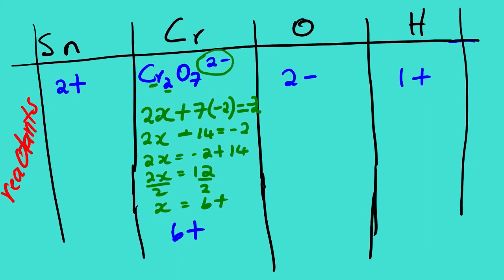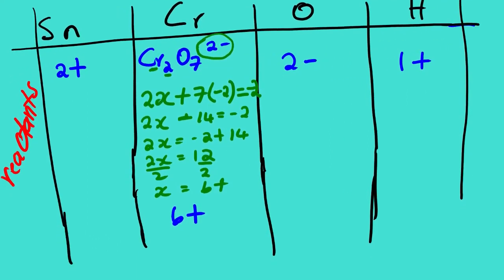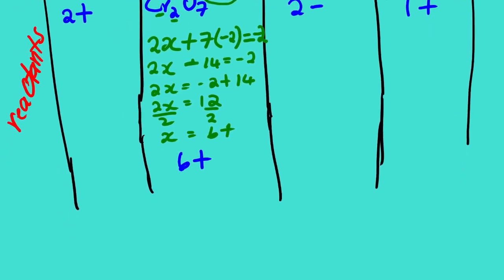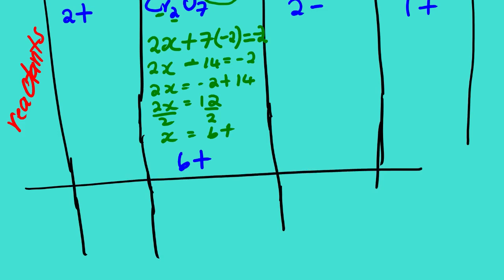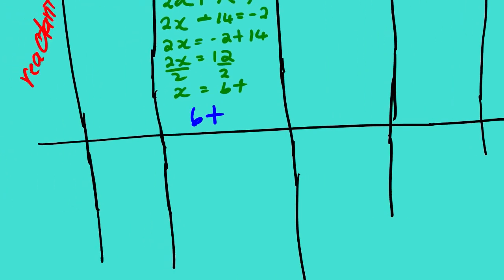Now these are the oxidation numbers of these elements on the reactants. Let us go ahead and find the oxidation number of these elements on the product. We are focusing on the product.